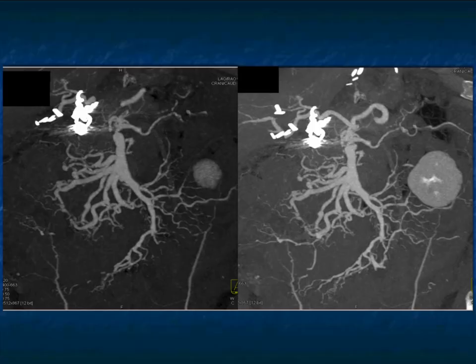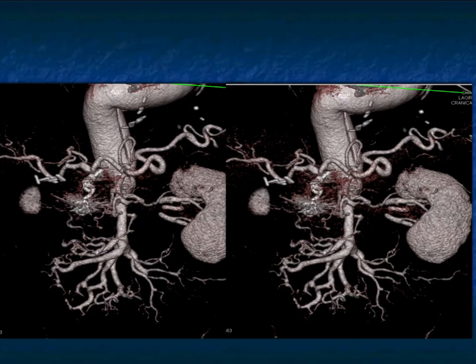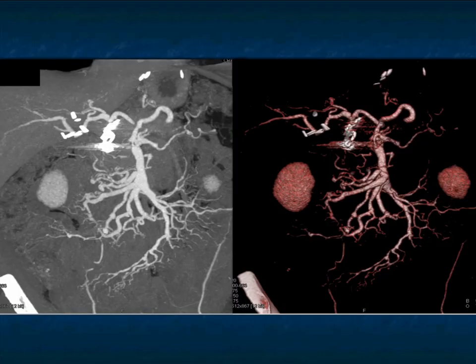And again, really nice example showing you the irregularity of the vessels and the multiple small aneurysms or pseudoaneurysms, particularly in the SMA. And here it is again on the volume rendering. So just another nice example. And again, the emphasis on the point, multiple small aneurysms or pseudoaneurysms, multiple vascular territories are where you're going to see things.